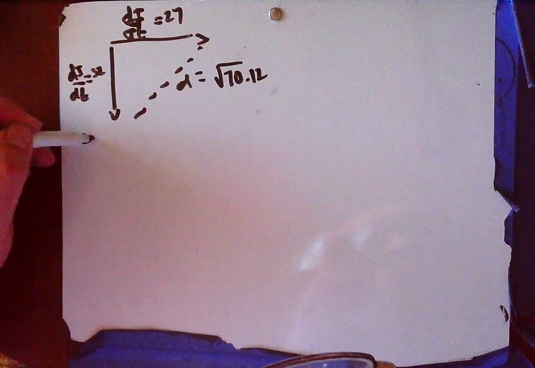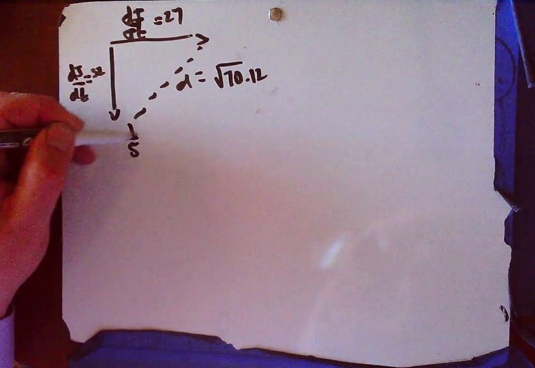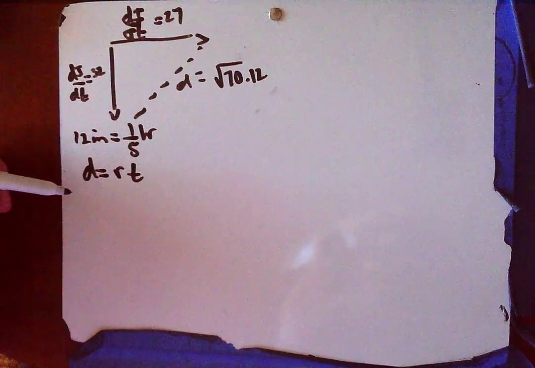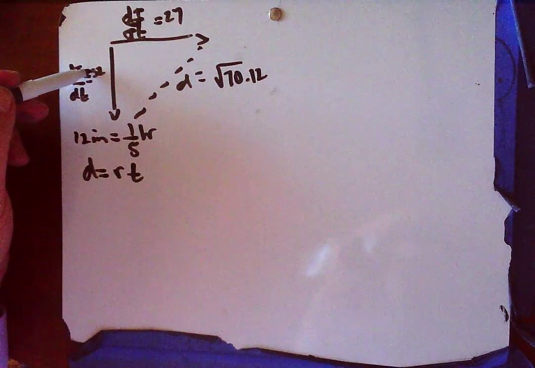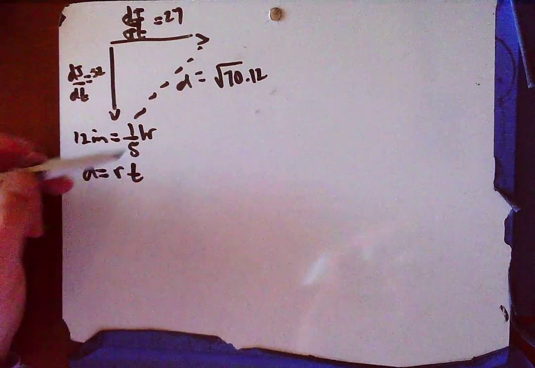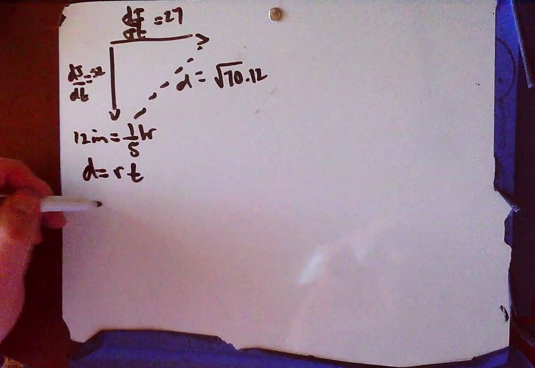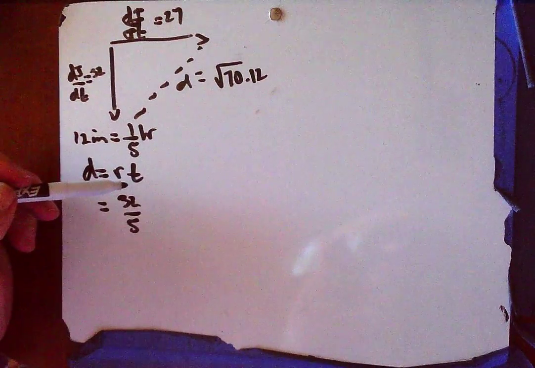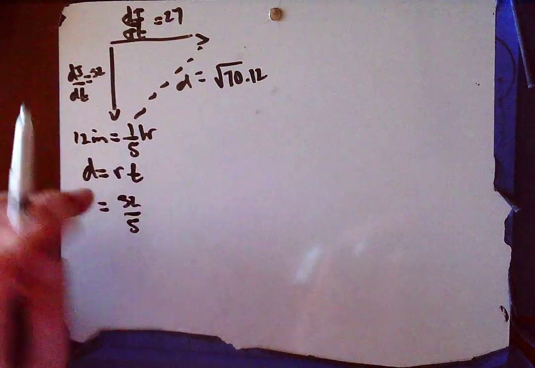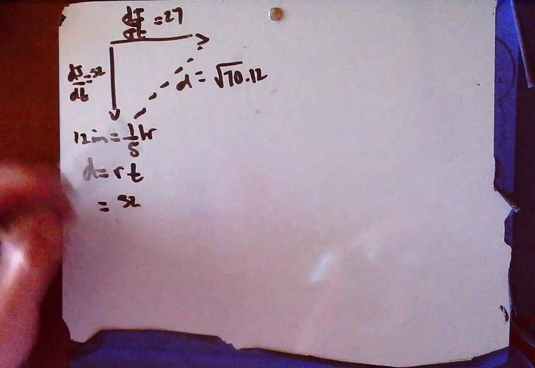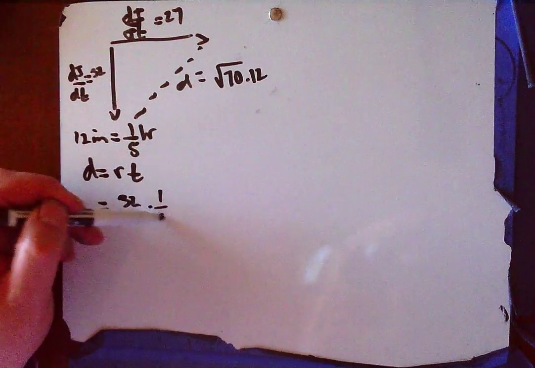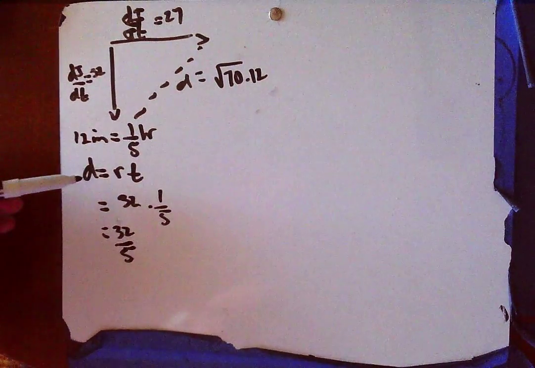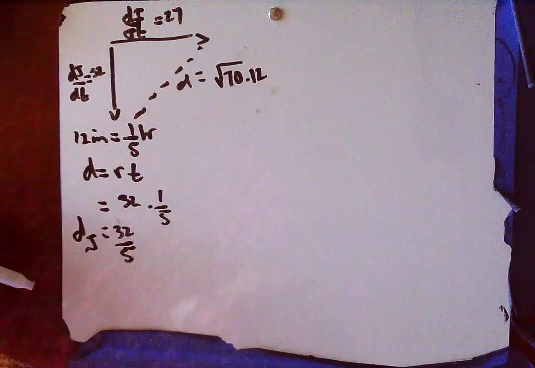Well, I said that 12 minutes equals 1/5 of an hour, and the distance equals rate times time. There's my rate in miles per hour times my amount of time. So I've got 32 times 1/5, which is 32 over 5, and that's the distance that J travels.